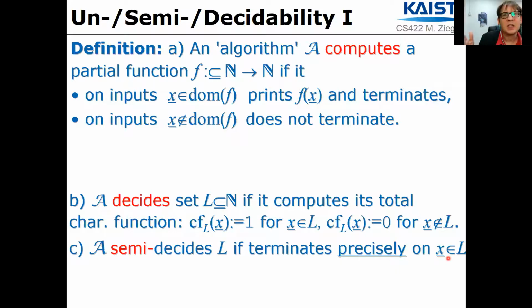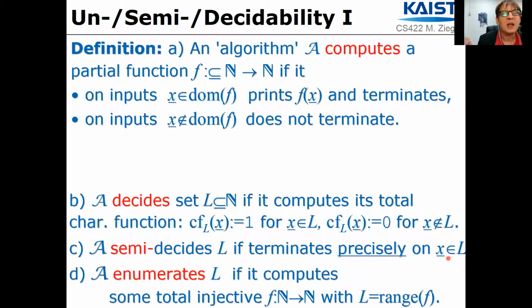The user gets feedback like computation terminated, or a prompt appears, or whatever. So that's therefore a weaker notion. We will justify that notion in just a minute, and in particular justify why it is, in a sense, half of deciding. But before that, let us also introduce the final notion, which is called enumerating a set.